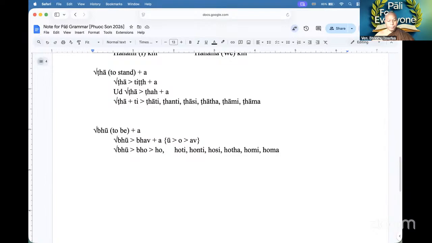Okay, and then next. This rule we have already learned, but at that time I skipped such anomalous ones so as not to confuse. So to lie down. This to lie down also has root si with the a sign. Root si and the a, so this si becomes saya. Here also the same process: e becomes a, becomes aya, so saya.